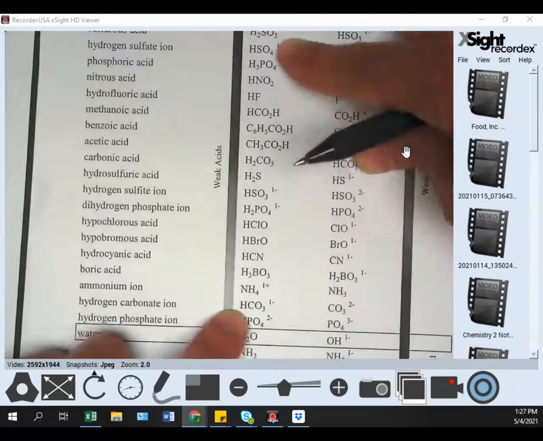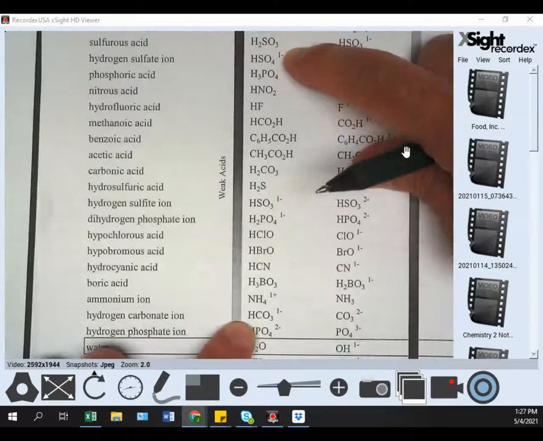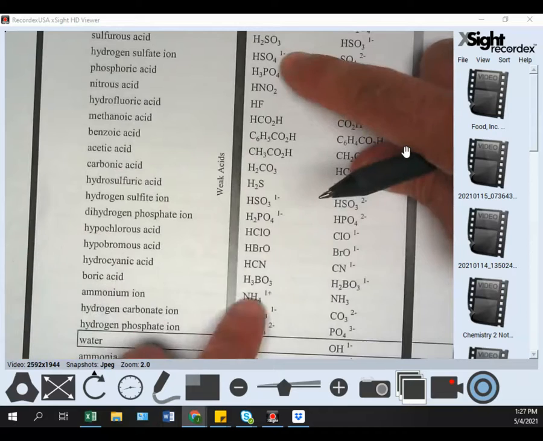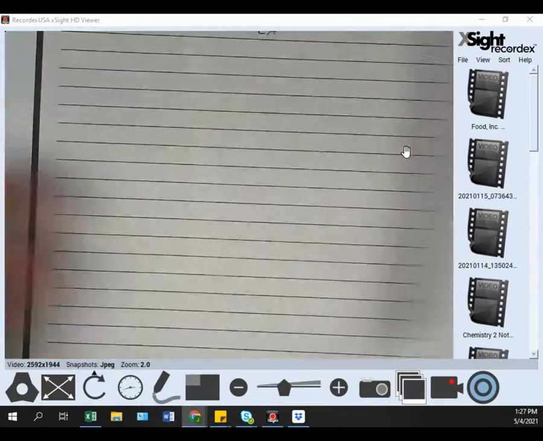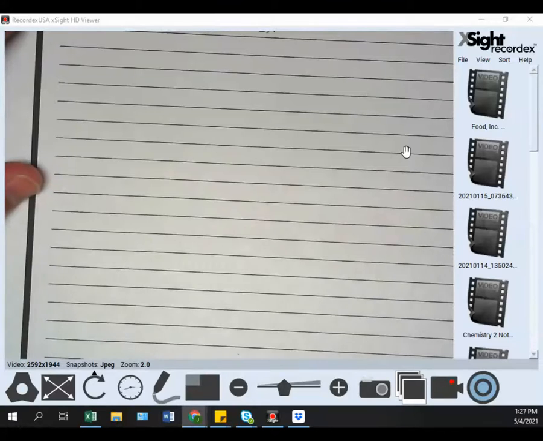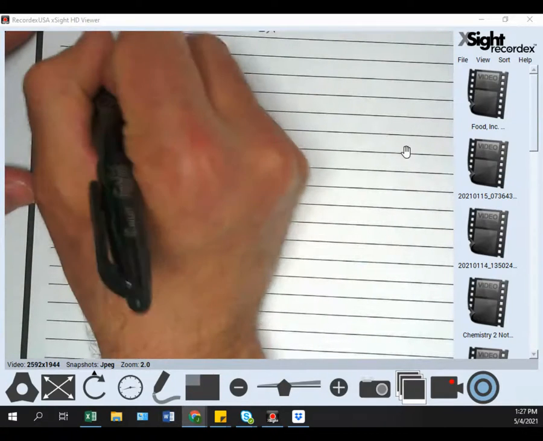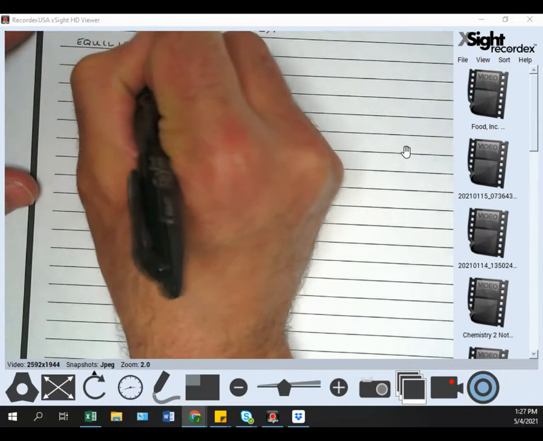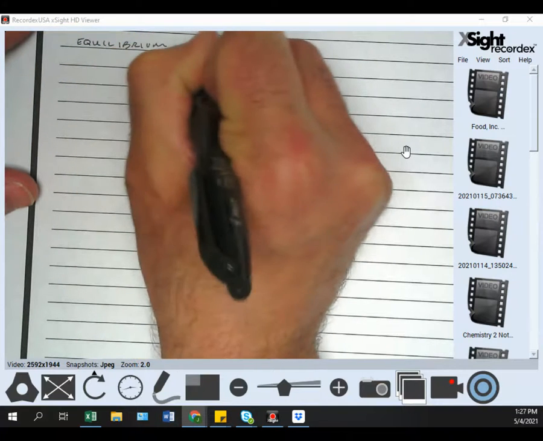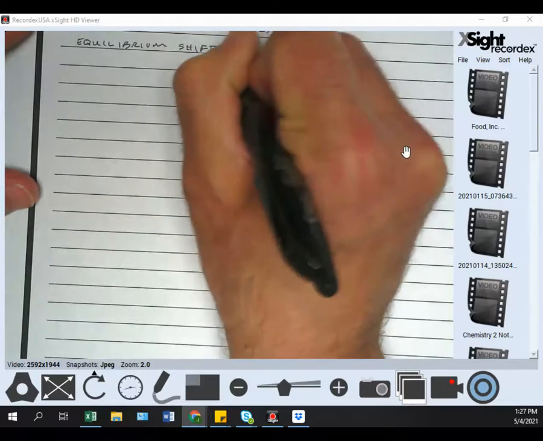Down here, okay. So the stronger one is the HSO4, correct? So that's stronger, so that means the equilibrium will shift which way? Right. Good. Shifts right.